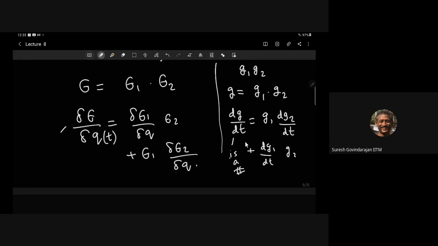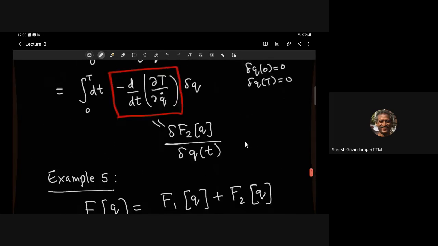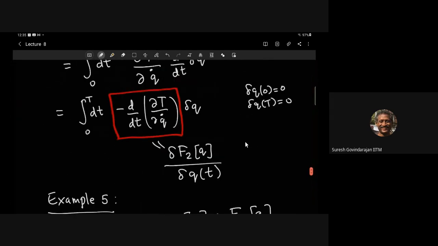Okay, the output here is a function. G is a number once you feed it some q, but once you take its functional derivative, you get a new function, right? Whatever this is, some function. d by dt, you do all those things, you evaluate it, you will get something.